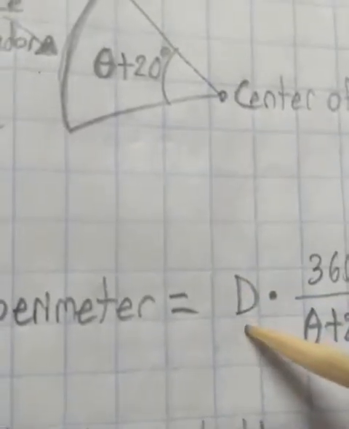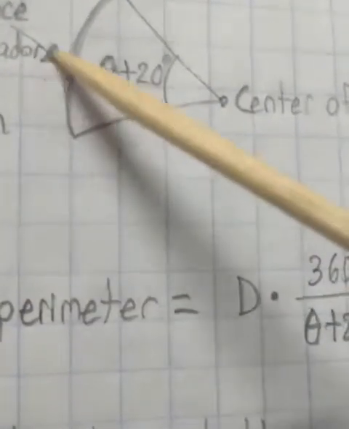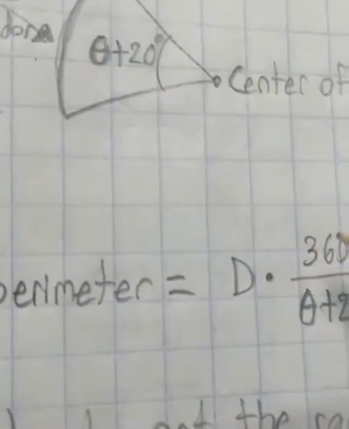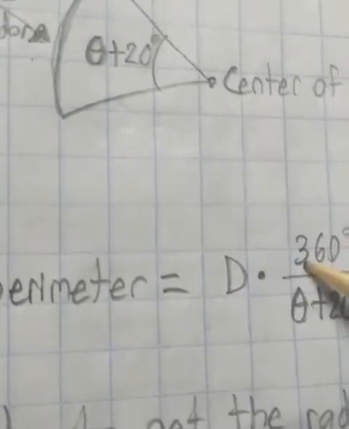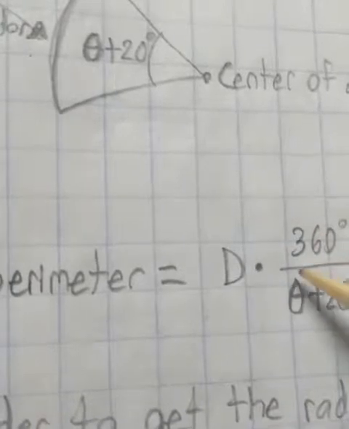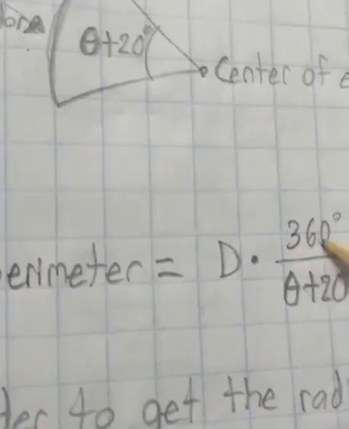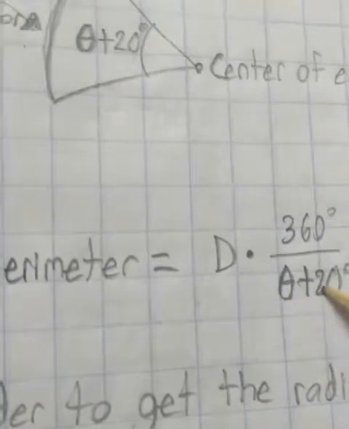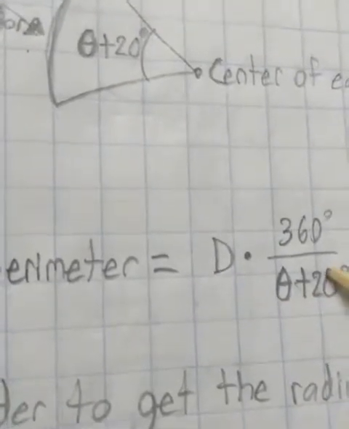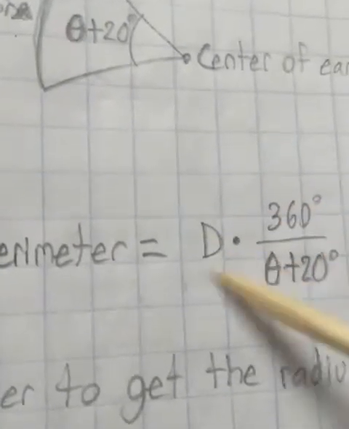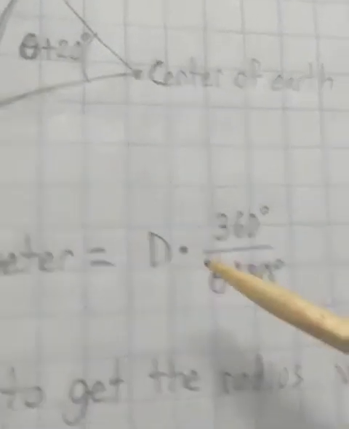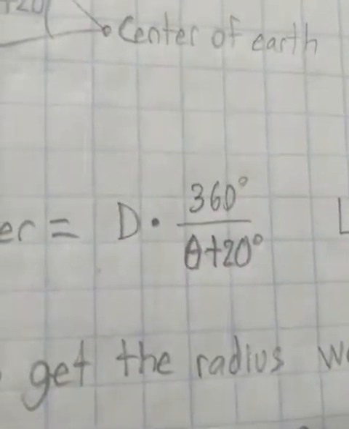So this d, which is the distance from the equator to our location, is multiplied by the division of the complete degree circle of the Earth, which is 360 degrees, by the addition of the theta angle plus the declination of the sun. So this calculation right here is the perimeter of the Earth, and we will name it P.